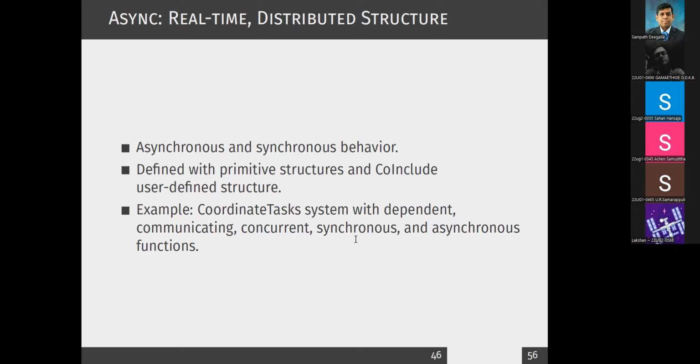And then when we talk about asynchronous and synchronous behaviors, again we can define primitive structures, and you can also use user-defined structures. For example, if you take a coordinate task system, we can have dependent, communicating, concurrent, synchronous, asynchronous functions.